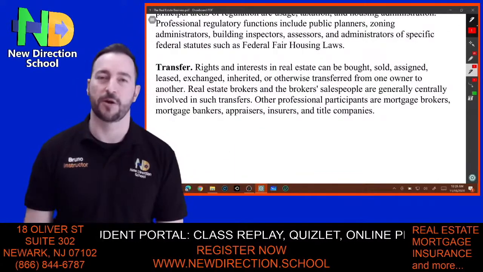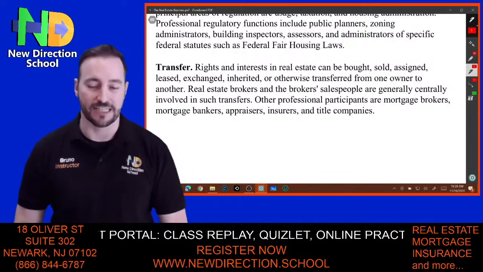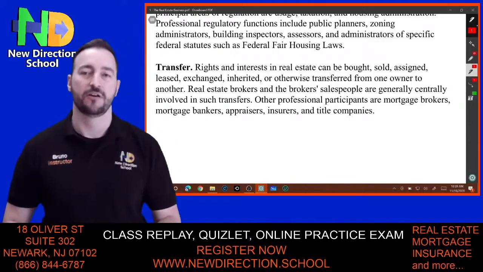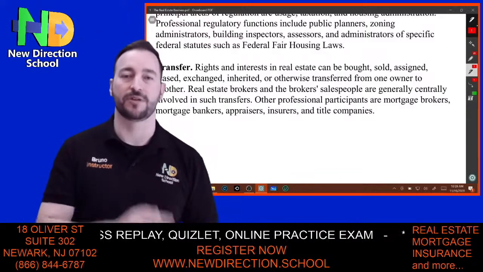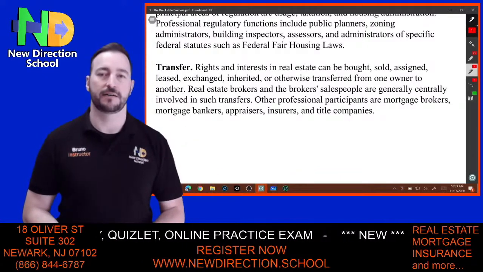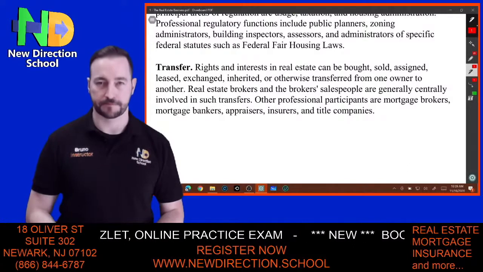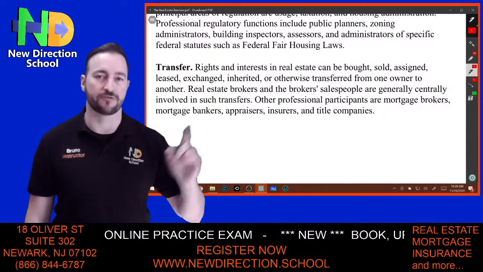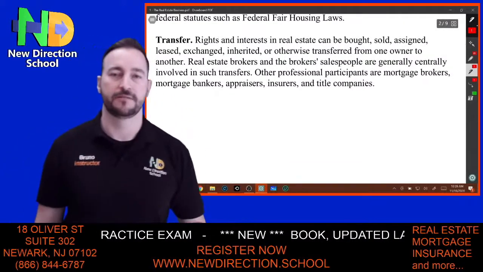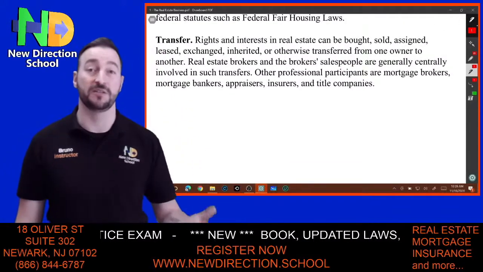Transfer. Now, this is where we get involved. The rights and interests of real estate can be bought, sold, assigned, leased, exchanged, inherited, or otherwise transferred from one owner to another. And real estate brokers and salespeople are generally centrally involved in such transfers. Other professional participants, and we have to deal with these, and I recommend you build a team.